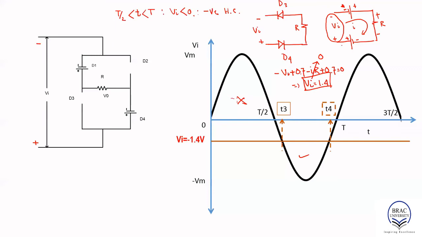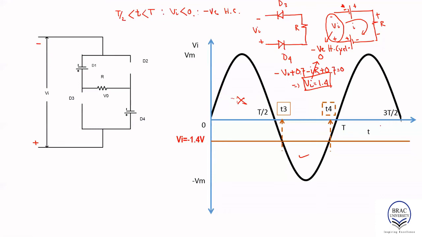A positive value doesn't mean that we have to draw it for a positive value of VI. Plus minus means we already know we are in the negative half cycle. Already defined it. So then what we obtain is only the value. So that means we are going to draw the line here.